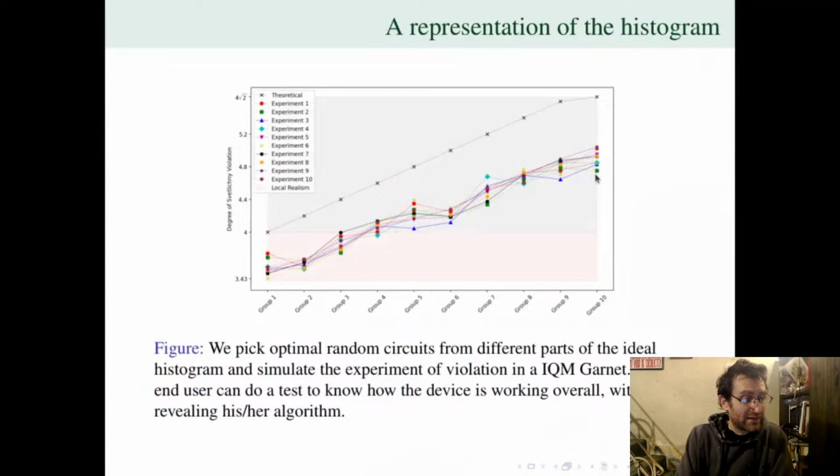And this difference can give you an idea of noise also. So by comparing the ideal with the experimentally tested one, we obtain a sort of first sample of how the quantum computer is working.